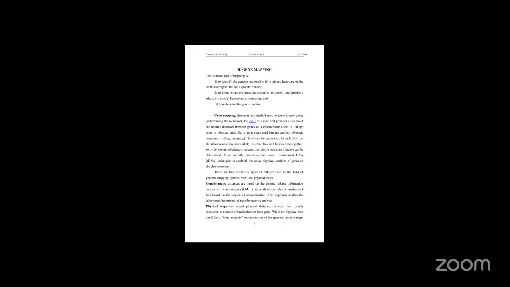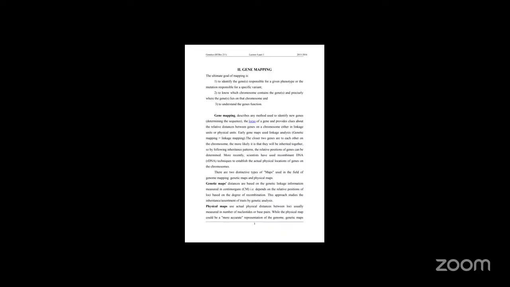This approach studies the inheritance or assortment of traits by genetic analysis, whereas physical maps, on the other side, are the actual physical distances between the loci, usually measured in the number of nucleotides or base pairs. The physical map is said to be more accurate when compared to the genetic map or genome map.